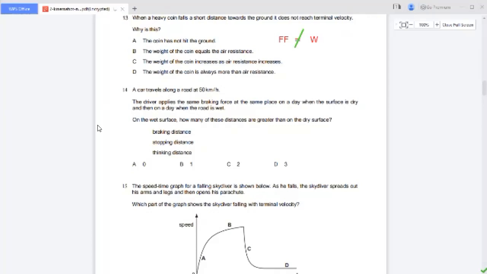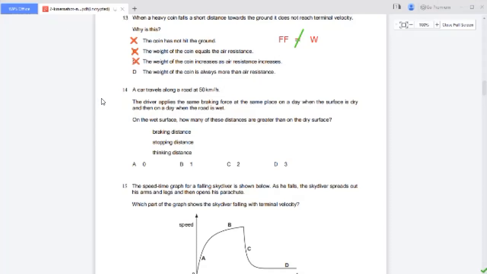So let's see the options. The coin has not hit the ground. It doesn't matter whether it hits or not. The weight of the coin equals air resistance. So when weight and air resistance are equal, then it will have terminal velocity. So it's incorrect. The weight of the coin increases as air resistance increases.